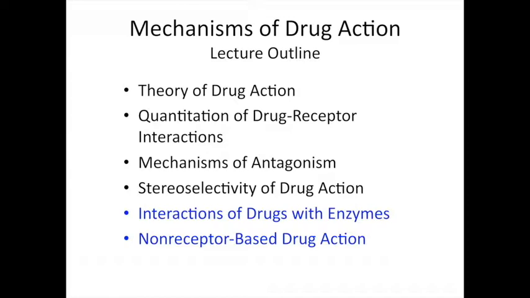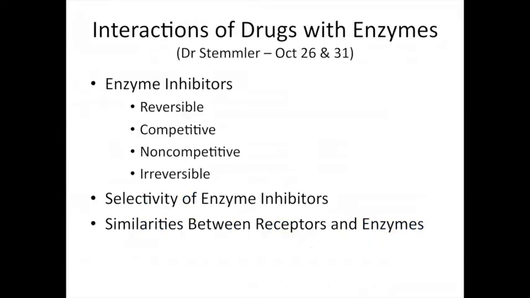Even if it has an intrinsic activity of 0, the antagonist doesn't change the normal active versus inactive conformation. Very often the antagonist will reverse the effect of the endogenous ligand because it will block that, and so you get an effect that's the opposite of the endogenous ligand. So propranolol is an antagonist at the beta-1 receptor in the SA node.